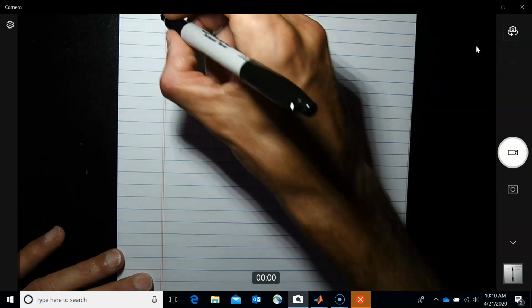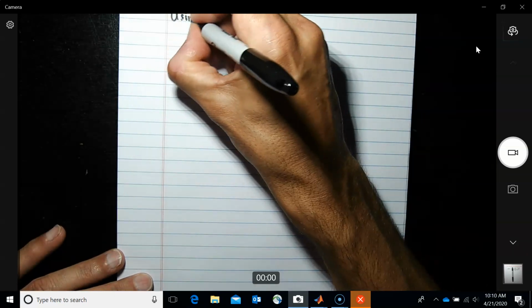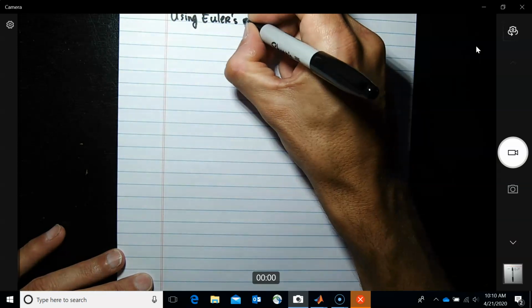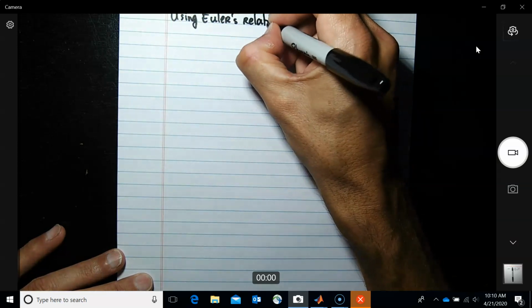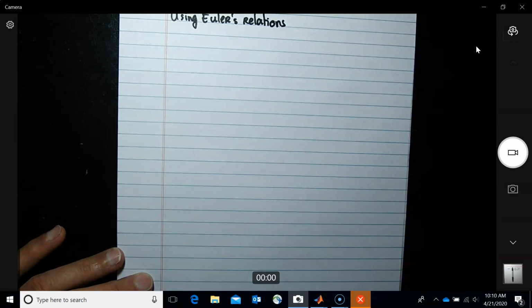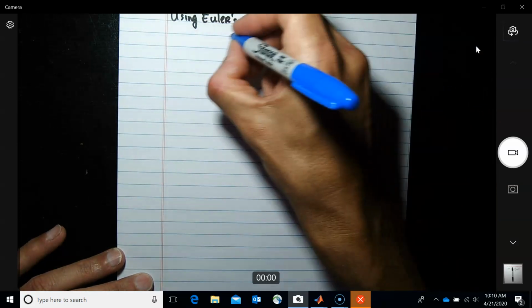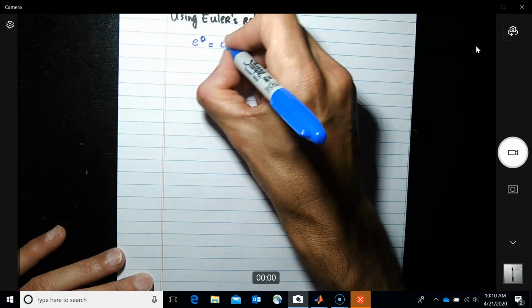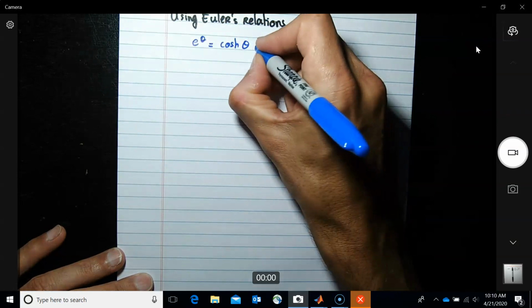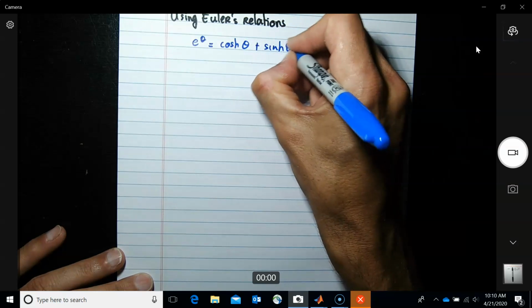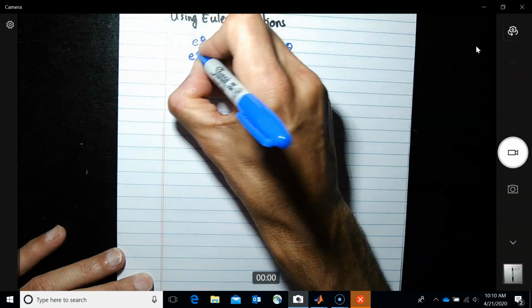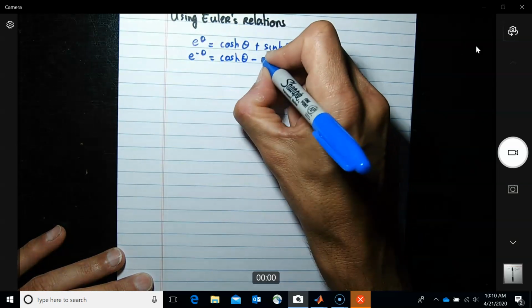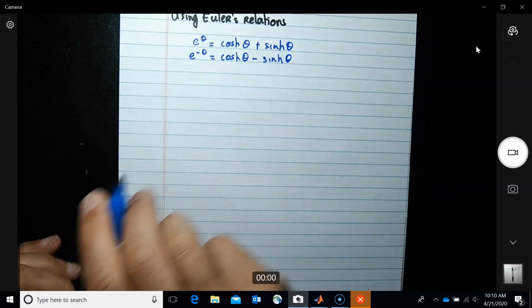So again, using Euler's relations, e^(theta) equal to cosh theta plus sinh theta, and e^(minus theta) equal to cosh theta minus sinh theta.